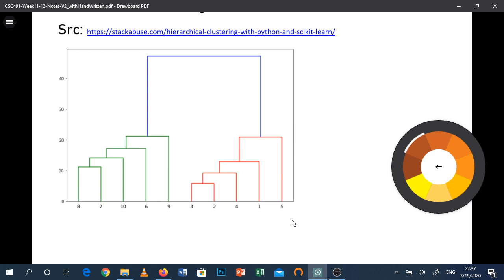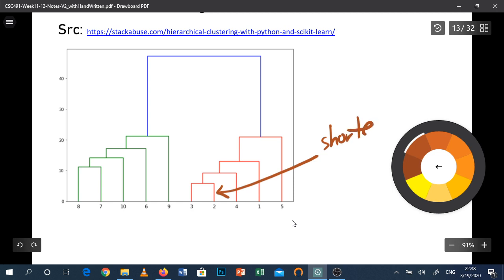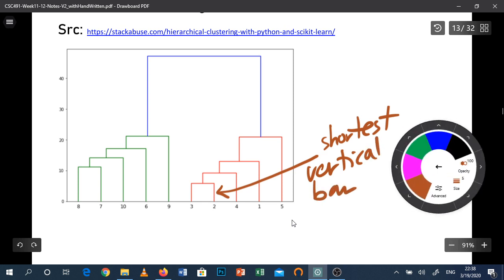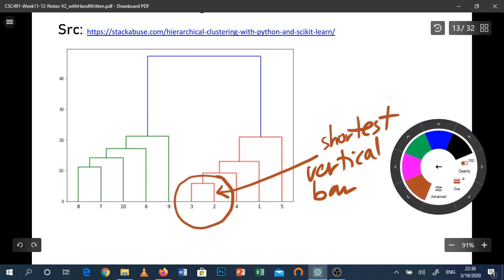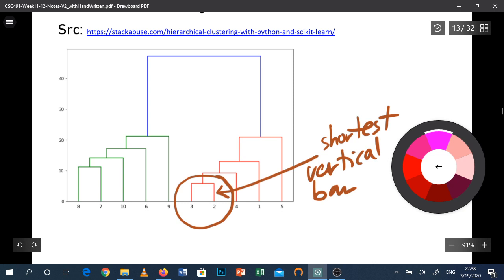You can see that in the dendrogram, the 2 most similar members are located with the shortest height or shortest vertical bar, which in this example are these 2 members, 3 and 2. In this case, the highest vertical height is this member pair, the blue.